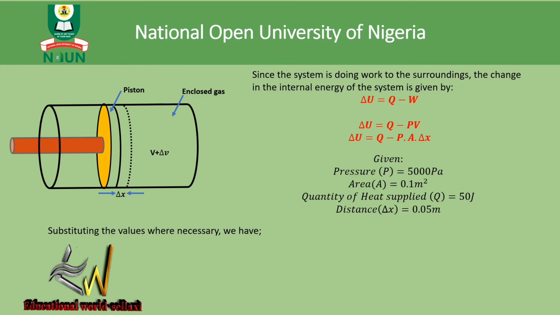There we are going to have that the change in the internal energy of the system will be heat, which is 50, minus 5,000 times 0.1 times 0.05, and simplifying we will have that the change in the internal energy of the system is 25 joules.